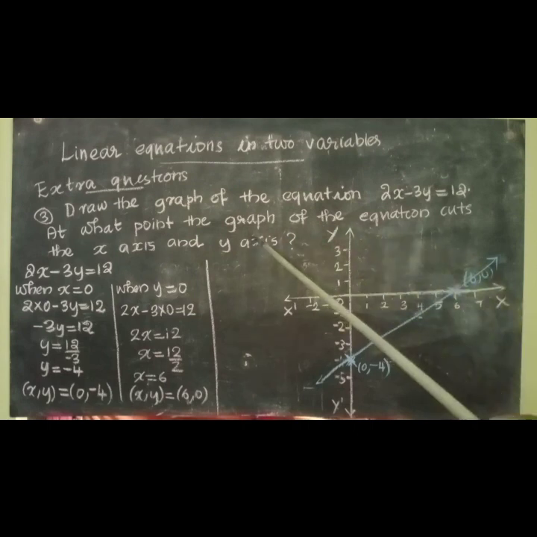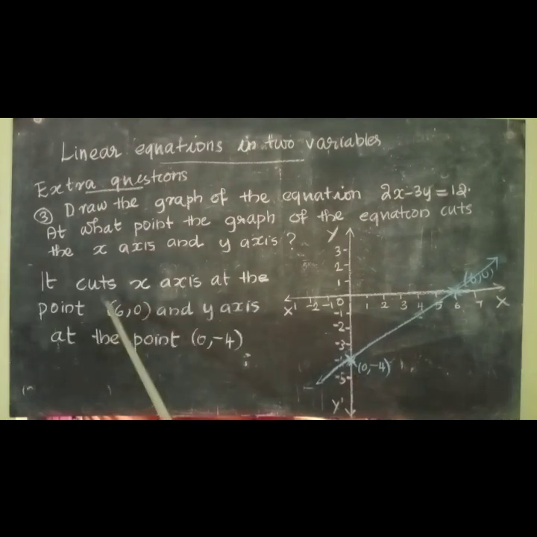At what point does this line cut the y-axis? It cuts the y-axis at the point 0, minus 4. So we can conclude it. It cuts the x-axis at the point 6, 0 and it cuts the y-axis at the point 0, minus 4.